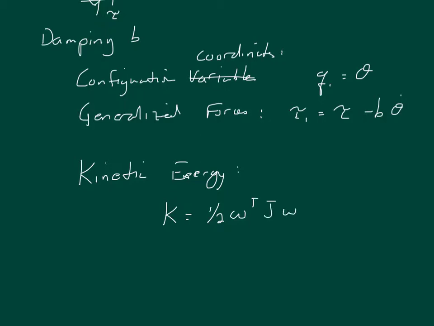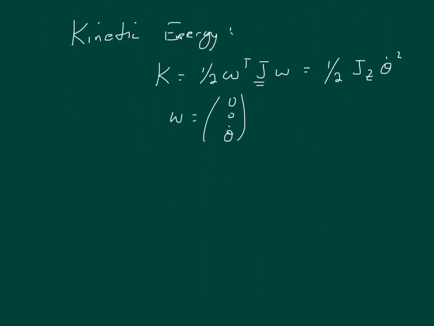And since in this case omega is equal to 0, 0, theta dot, this term is going to be 1/2 Jz theta dot squared, where Jz is the 3×3 element of J. So to do the kinetic energy then, we need to find Jz.